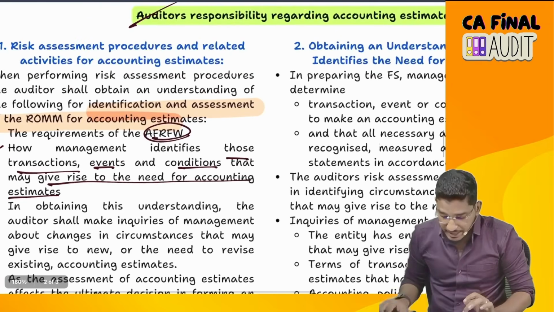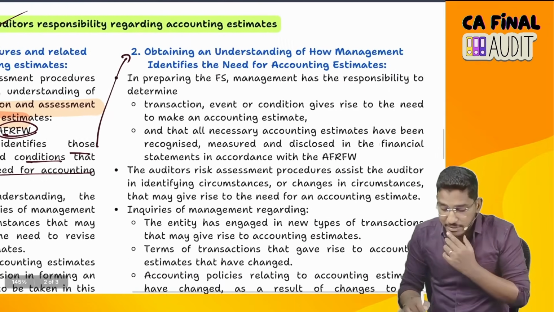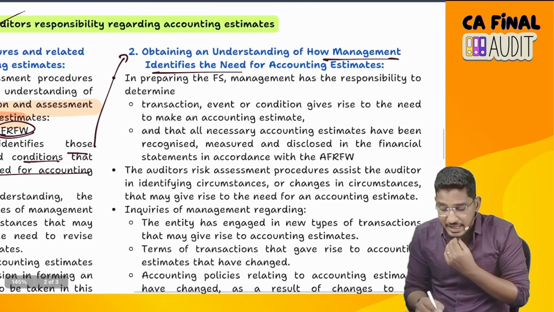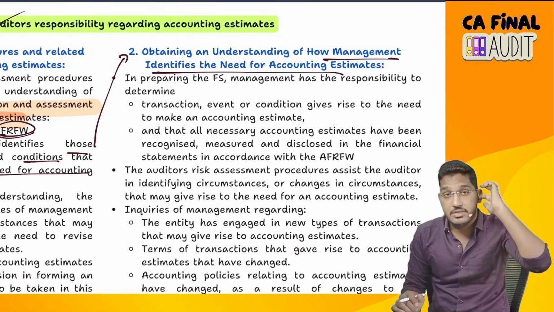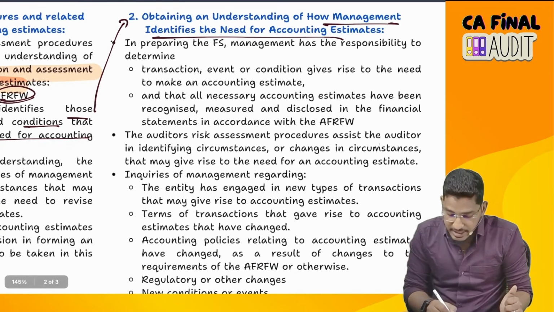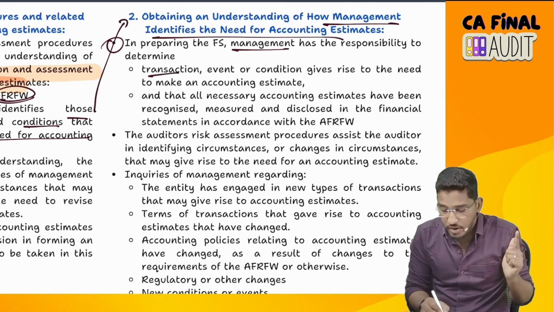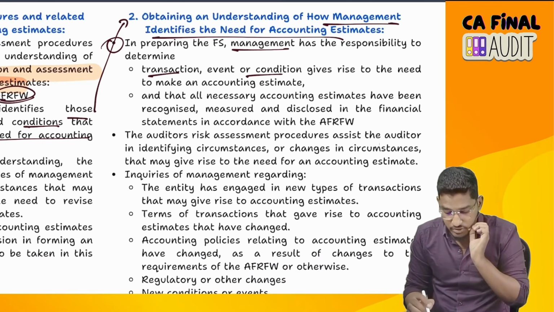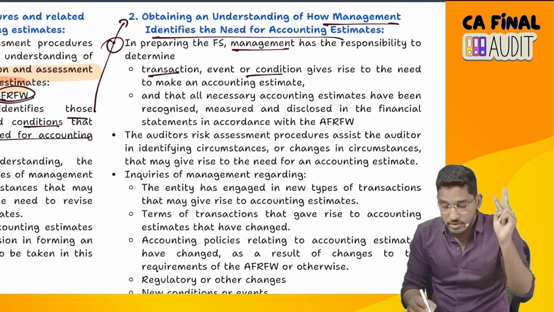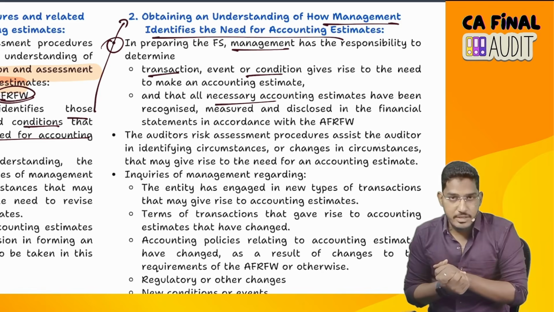Sir, how will I do that? See, here they have given an extension: obtaining an understanding of how management identifies the need for accounting estimates. So what exactly will you try to understand here? The management itself has the responsibility to identify all those transactions or events that give rise to risk of material misstatement, and it is also responsible for making and disclosing that accounting estimate.